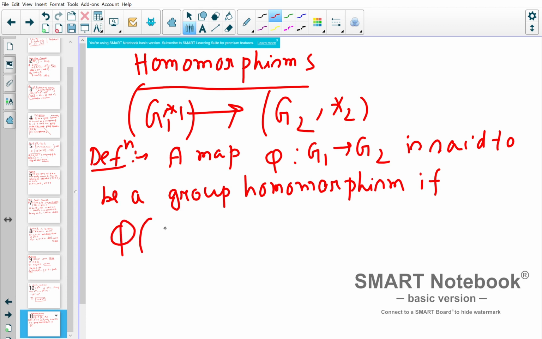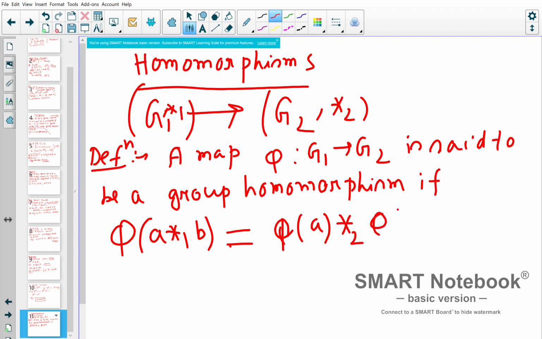If for a star 1 b, so you take two elements in G1 and take the operation and then apply the map, the image will be equal to phi of a, this is inside G2, so this is star 2, and phi of b.